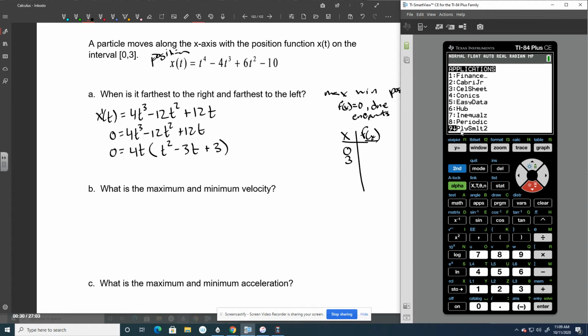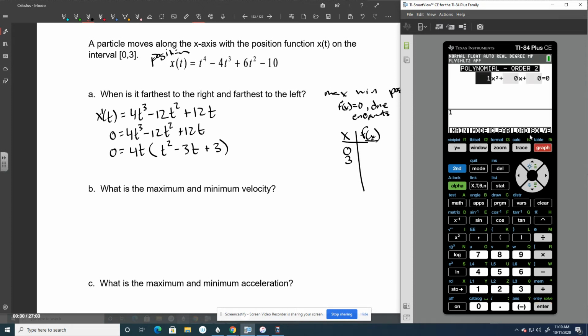I don't know what number it is on your calculator, but you should have it. The polysmelt gives you a root finder. So I can go to root finder and hit enter, and it asks what my order is. My largest order is 2. So I'm just going to go down to next.